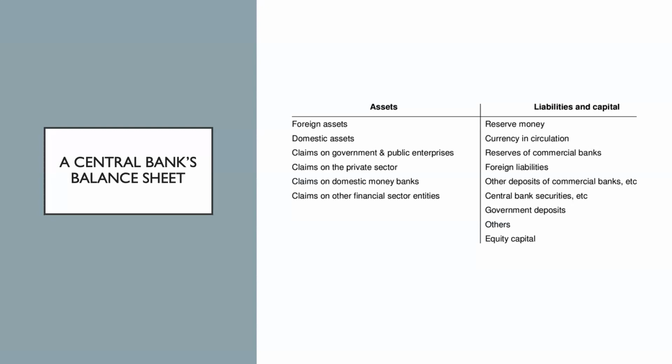Just like any other entities, it has foreign liabilities, other deposits of commercial banks, central bank securities, deposits from the government, and equity capital. Later, we will understand why all of these deposits are under the liability section of a bank's balance sheet, or the central bank's balance sheet.